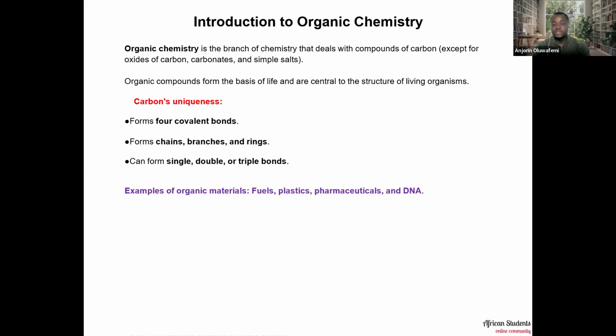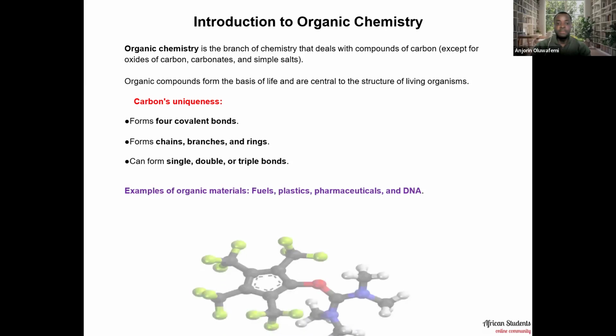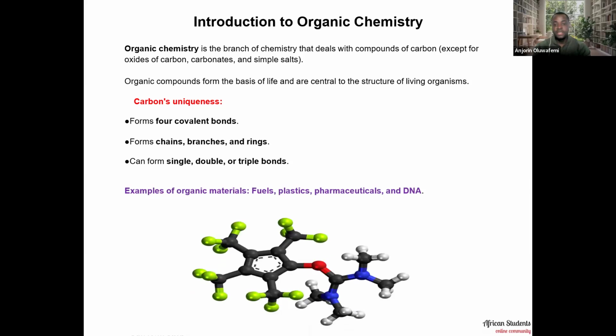Then we have pharmaceuticals, which is an offshoot from organic chemistry, because it is from there we can develop pharmaceuticals, then DNA and so on. So these are all examples of organic materials. You can see carbon bonding in that way, forming different materials. From the knowledge of organic chemistry, you can form different materials.